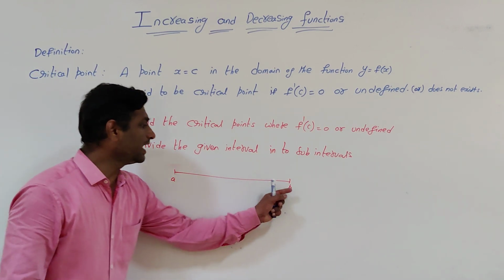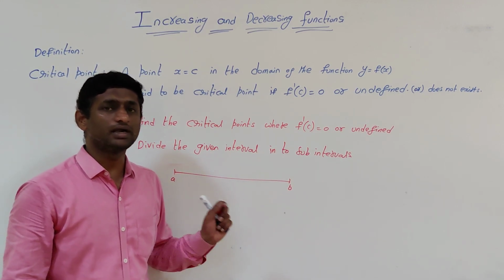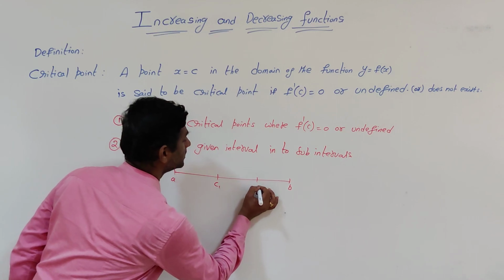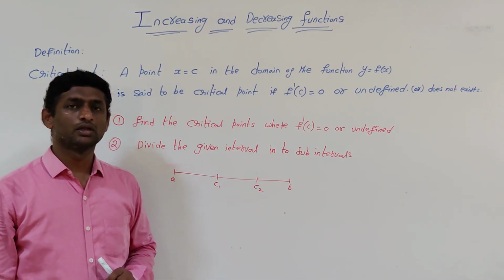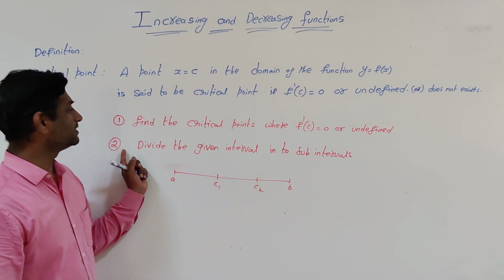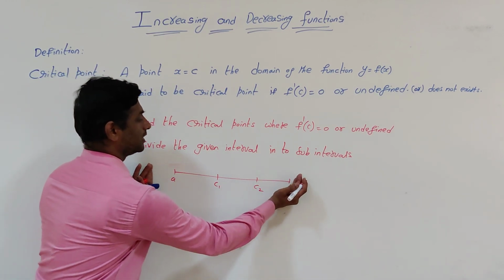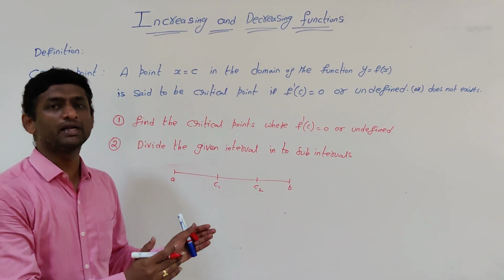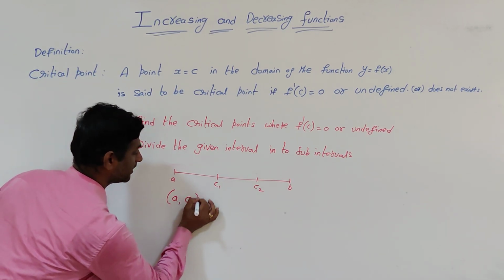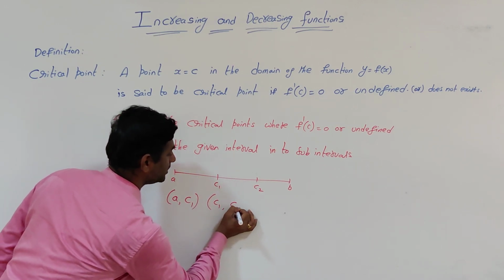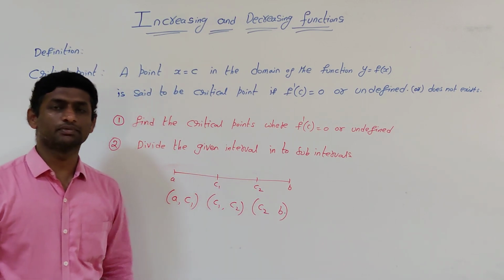Now, in between a and b, the slopes of the tangents are zero or undefined at some c1 and c2. So c1 and c2 are the critical points. The second step is to divide the given interval into subintervals, meaning the total interval a, b is divided into partitions, that is the open intervals (a, c1), (c1, c2) and (c2, b). Assume that this is an example.